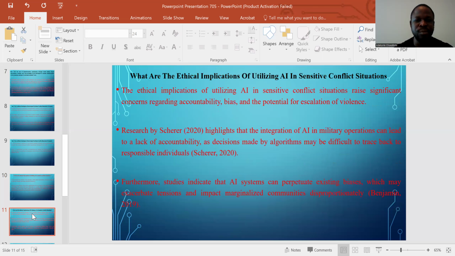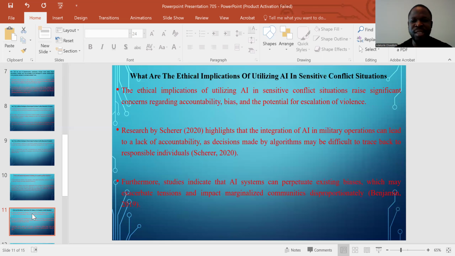The ethical implications of utilizing AI in sensitive conflict situations raise significant concerns regarding accountability, bias, and potential for escalation of violence. It is very important.